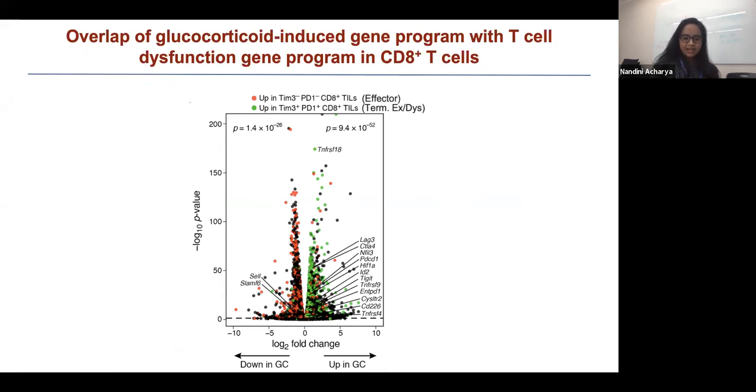When we analyzed the RNA sequencing data, we found that the genes upregulated upon glucocorticoid signaling had a significant overlap with the genes upregulated in the TIM3 PD1 double positive cells, or the dysfunctional cells. And the genes downregulated upon glucocorticoid signaling significantly overlapped with the genes upregulated in the TIM3 PD1 double negative cells, which have more of the naive or effector-like phenotype.